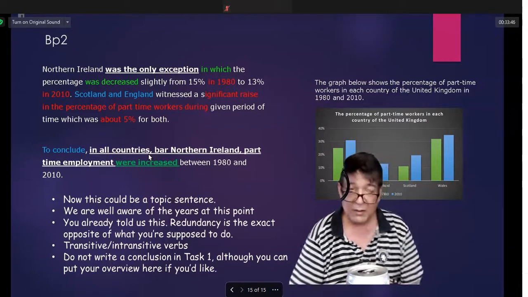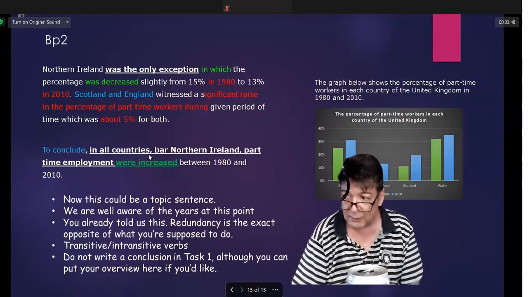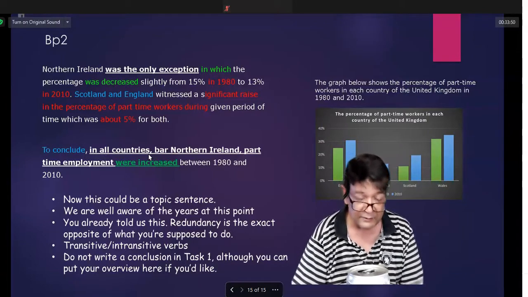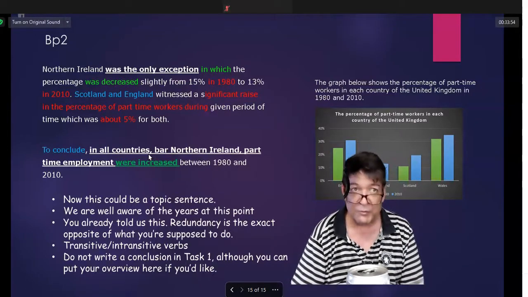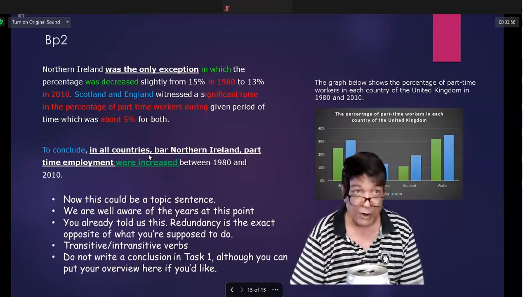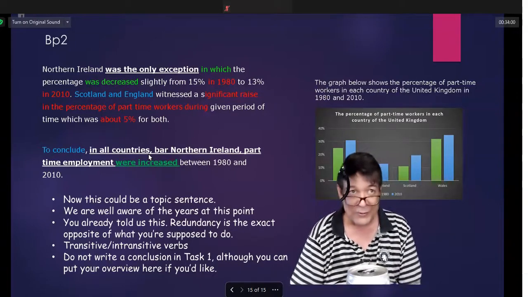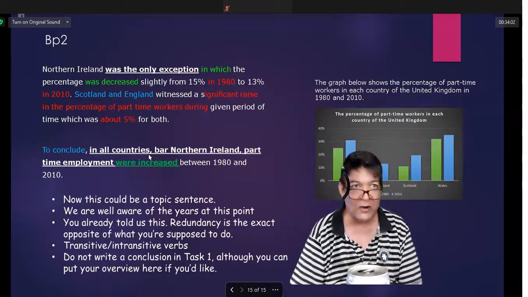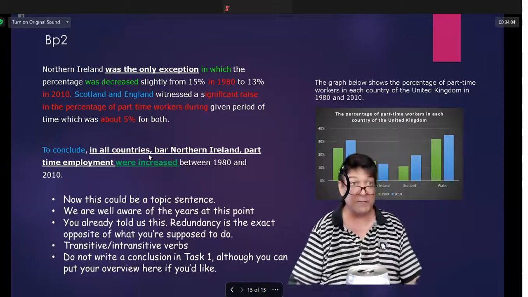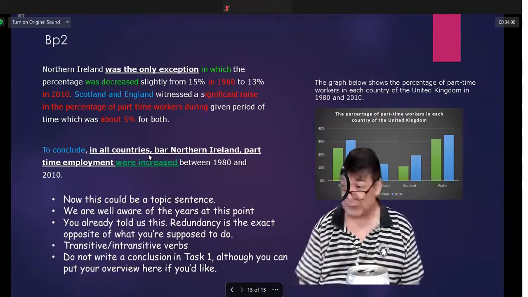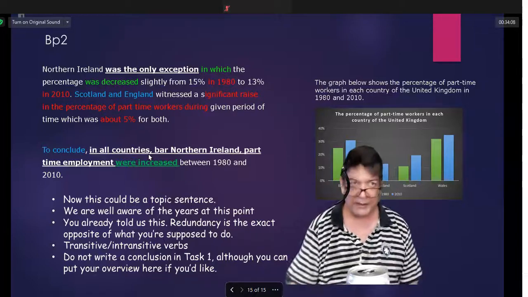Now, some people like to put their overview at the end. Now, you can do that. I think that it might be helpful sometimes because if you're in a hurry and you don't think about what you're doing before you start doing it, well, you might discover things along the way that are the key information. What's the key information? What's the most important? I don't know. I'll just start writing until I find it.